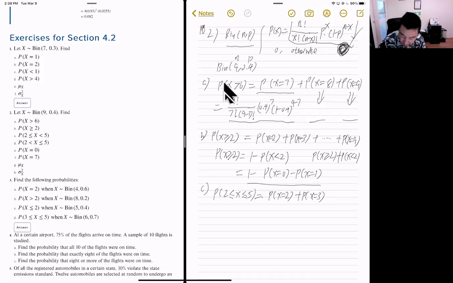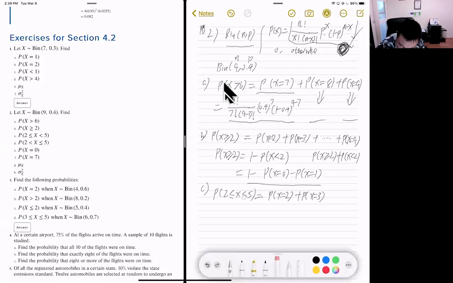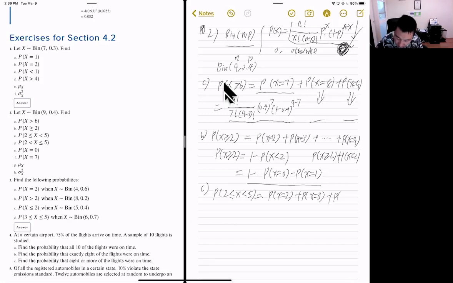Oh, sorry, there's no equality line here for 5. So that's okay. Plus P(x) equal to 4. No 5. That's part C.